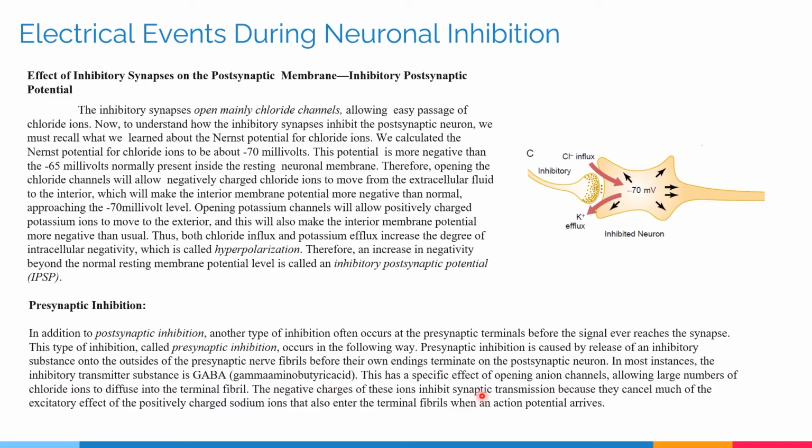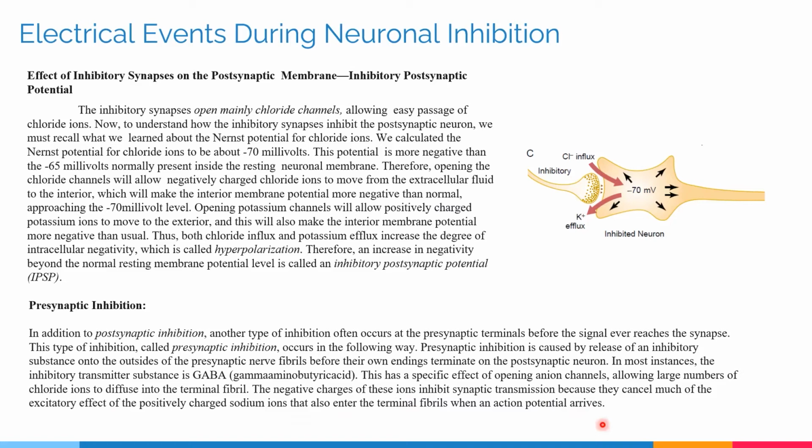This has a specific effect of opening anion channels, allowing large numbers of chloride ions to diffuse into the terminal fiber. The negative charges of these ions inhibit the synaptic transmission because they cancel much of the excitatory effect of the positively charged sodium ions that also enter the terminal fibrils when an action potential arrives.